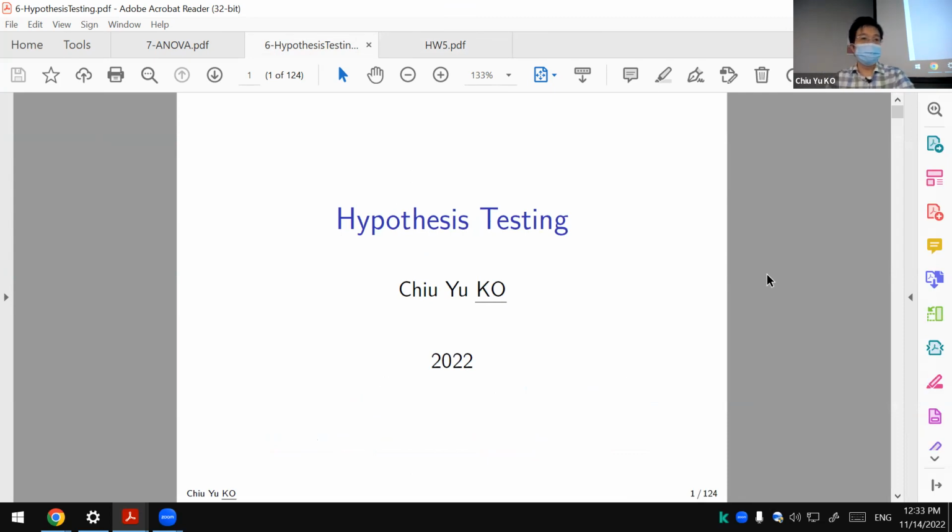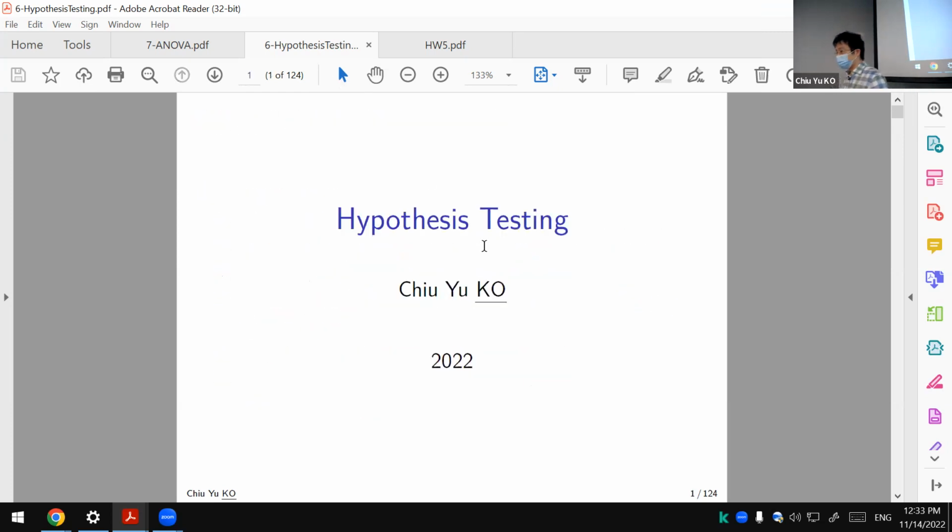One is one-way ANOVA, the other is two-way ANOVA. We'll probably finish one-way ANOVA this class, and then two-way ANOVA on Wednesday.